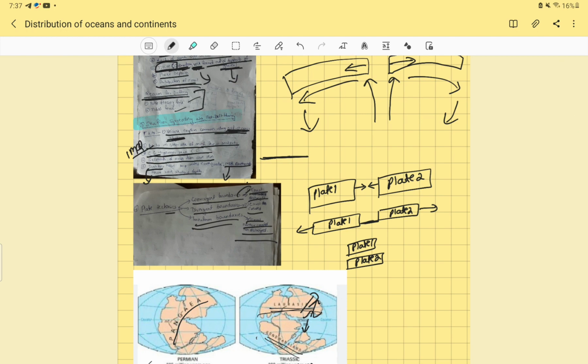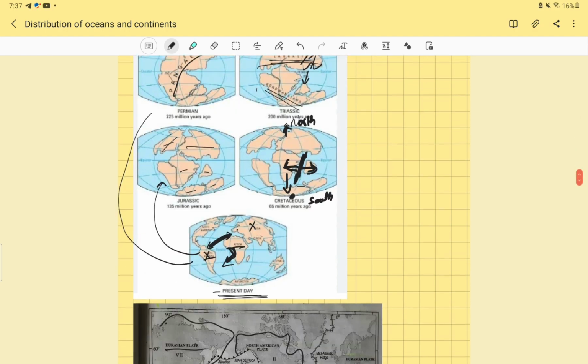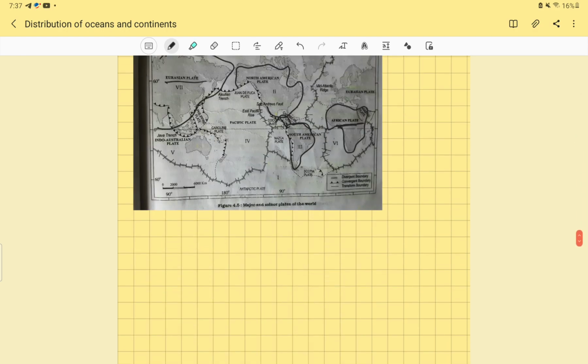And one more very important thing that you need to remember is the 90 East Sumatra orogeny.